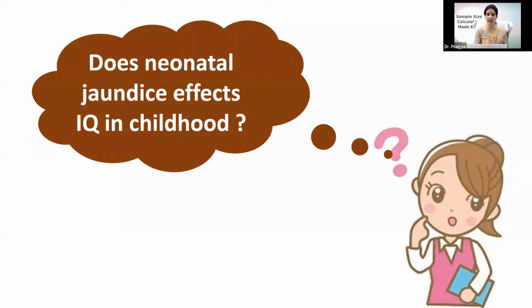If I want to test this hypothesis, there are various ways to test this. You've got three options. You can have a case control, a cross-sectional, or a cohort study.